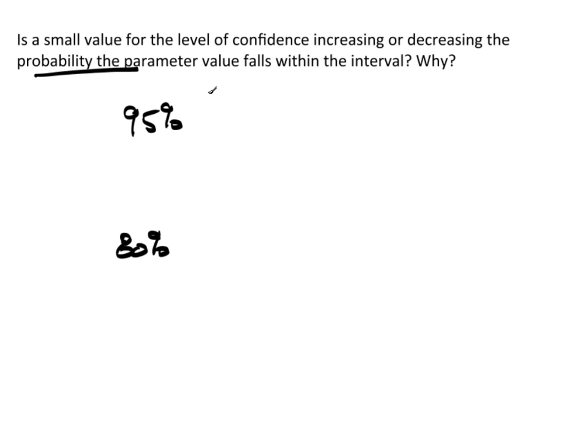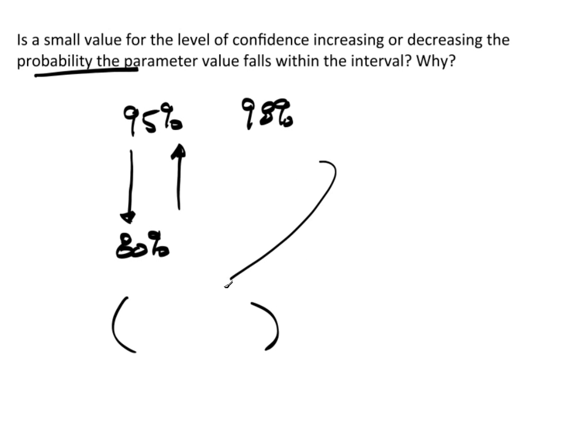Well, as the level gets smaller, I'm decreasing the probability. I'm saying now I only have an 80% chance that when I build this interval the true parameter is going to fall in there. If I go to 95% or maybe 98%, I'm saying that the probability the true parameter falls in the interval is greater. I'm more and more certain that it's going to be in there somewhere.